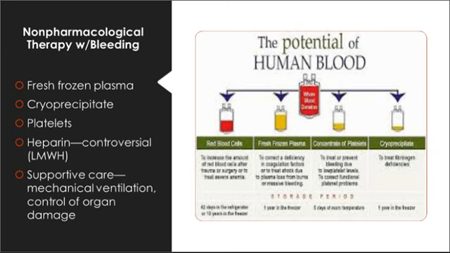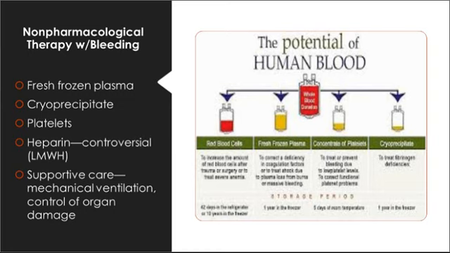Then you have your platelets. You will transfuse your platelets again to replace the non-functioning or lost platelets. Heparin is controversial. If it's used, usually it's low molecular weight heparin. That used to be used right away in DIC. It no longer is.